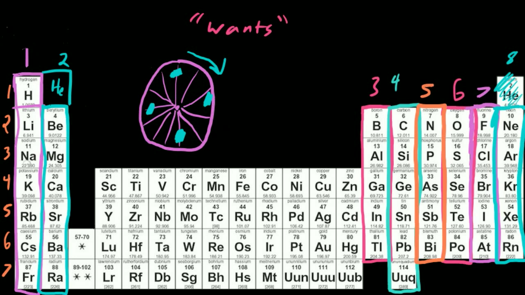Or actually, you know what, let's not do sodium. Let's say chlorine. Maybe chlorine's electron configuration, if we were saying that chlorine was a bicycle wheel with all these reflectors, maybe it looks something like that, right?